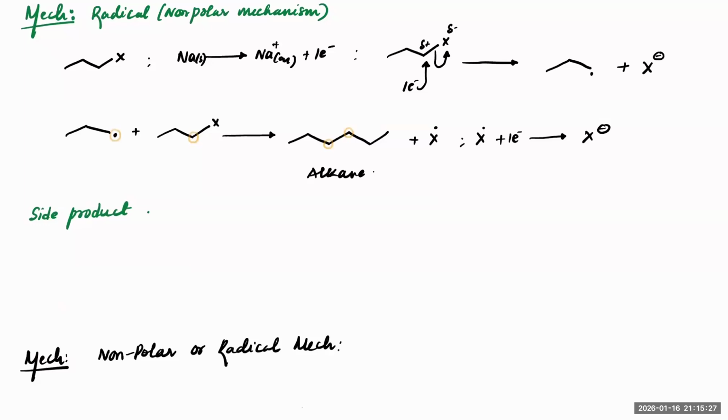There is a side product also which can be associated here. The side product includes, that is, if you have this radical, the radical, instead of taking away the halogen position, because connecting with this carbon will also be challenging because it already has some positive charge. So what it can do, it can take away hydrogen from here, create a radical, and then X dot can go away, create a radical here.